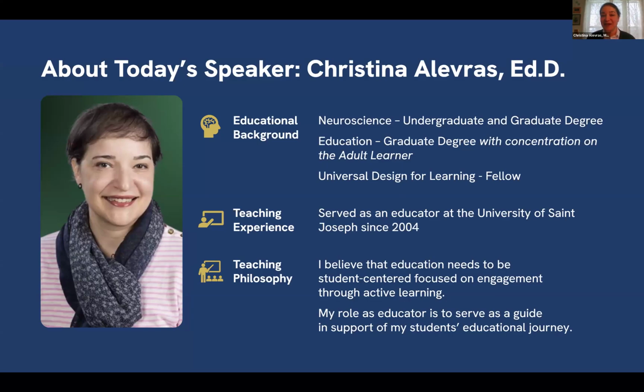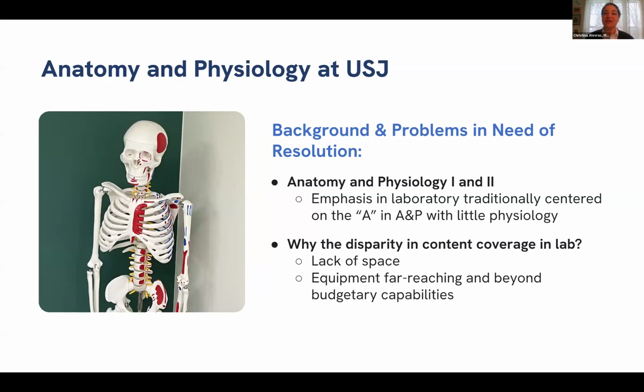So let's get started. I wanted to talk a little bit first, so you all know, just the scope of A&P at St. Joe's. So the USJ was originally, at its inception, a small all-women's college. We slowly transitioned into a co-ed university.